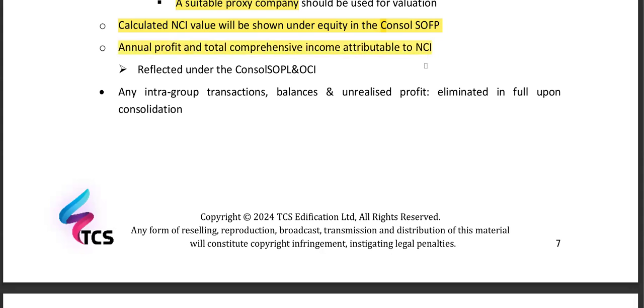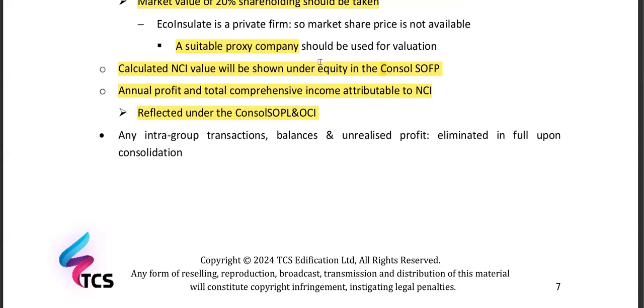And the 20% that will belong to the non-controlling interests will have to be reflected under the consolidated SOPL and other comprehensive income, OCI. It is to give an idea to the shareholders that not all of these profits or the comprehensive income will belong to us. We have to share 20% of that with the non-controlling interest.